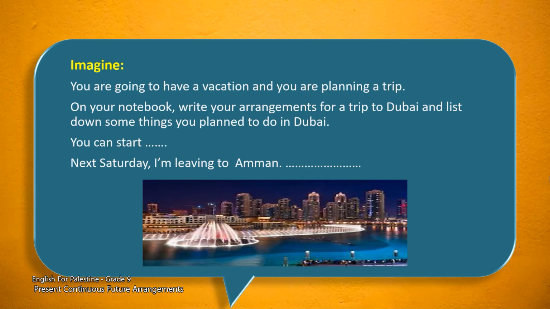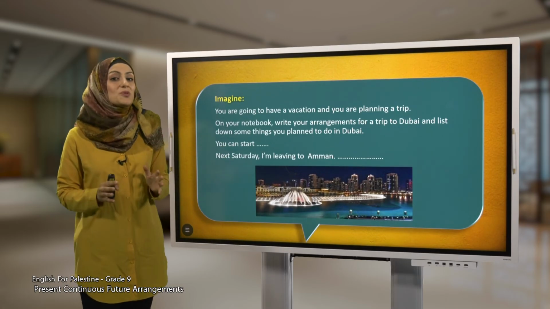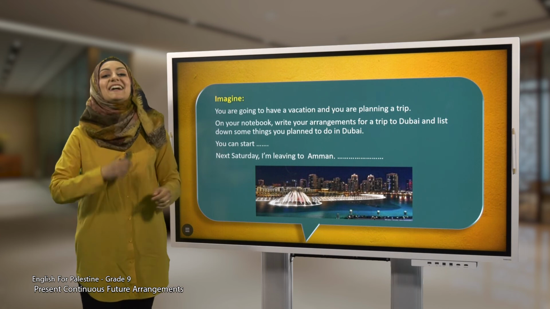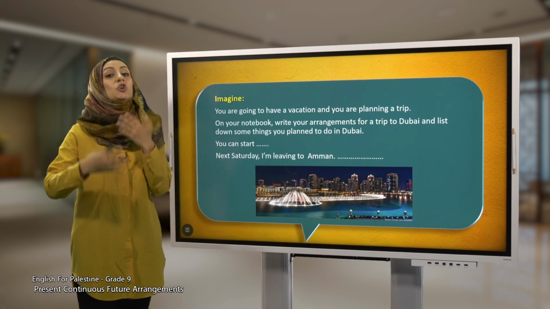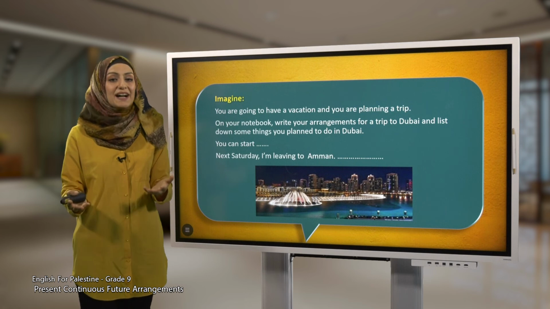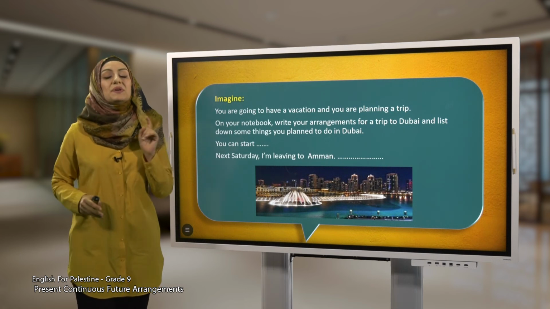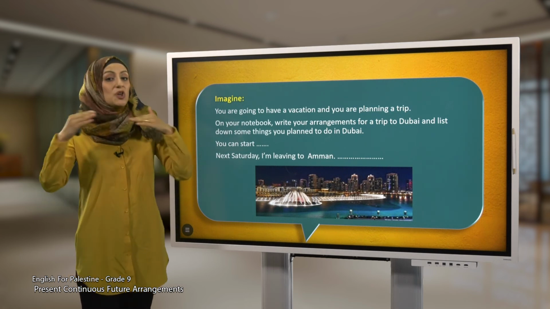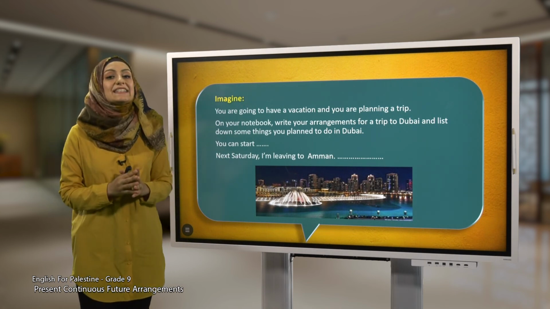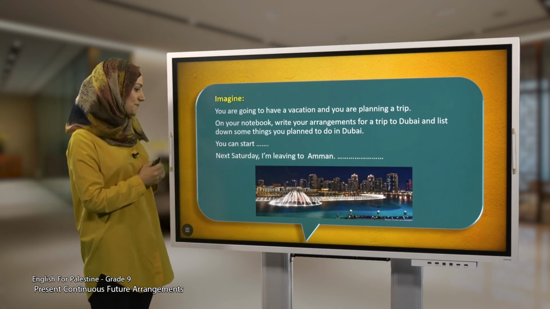We all dream of traveling to Dubai and seeing the beautiful things there. So I want you now to bring out your notebook and start writing about the things that you are going to do in Dubai when you travel. Remember to use the present continuous to talk about your future plans and arrangements.